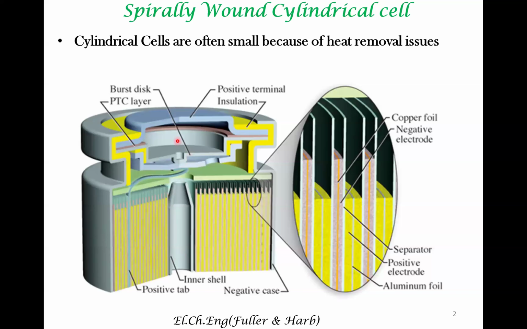So you can make this radius larger and you can just increase the capacity of the battery. Why is this not done? Often the cylindrical cells are rather small in terms of radius because of the heat removal issues. This is the aspect we will try to unfold in this lecture.